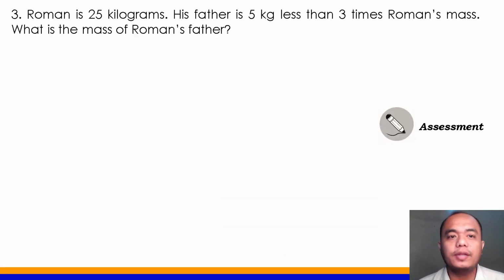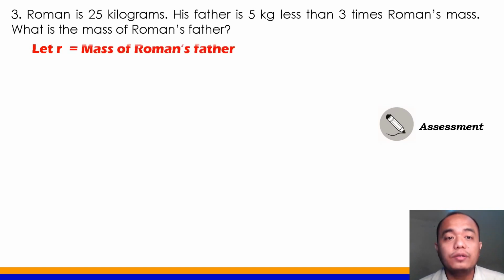Okay, let's have number 3. Roman is 25 kilograms. His father is 5 kilogram less than 3 times Roman's mass. What is the mass of Roman's father? Again, let's use R to represent the mass of Roman's father. And we will write first the equation. Now, we will translate this word problem to equation.